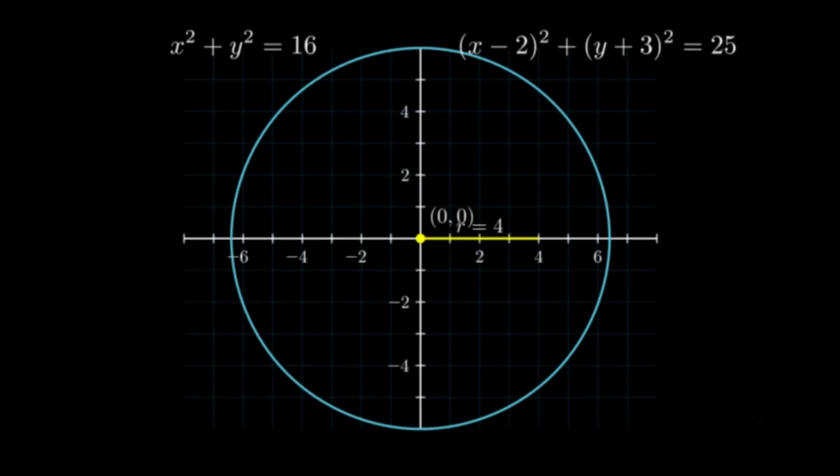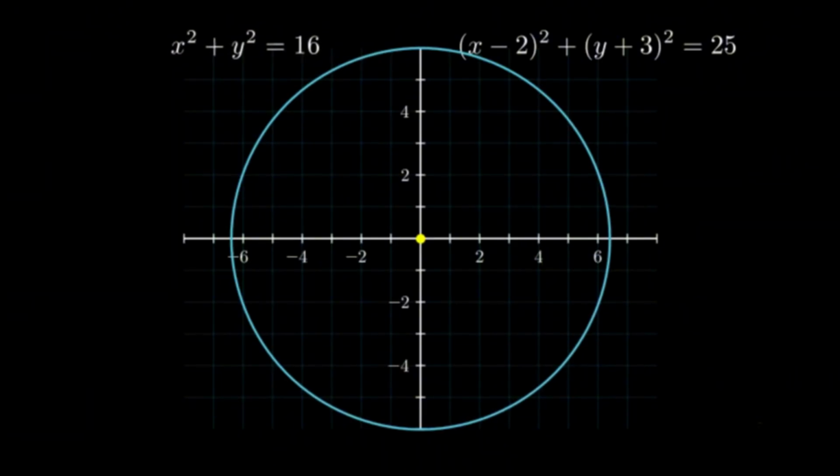Notice how this will require changing both the position terms in our equation and the constant term, which represents the radius squared. Watch carefully as the circle gradually shifts position and changes size. I'll simultaneously transform the equation to match each stage of this metamorphosis. This shows how the mathematical formula directly relates to the geometric properties of the circle.